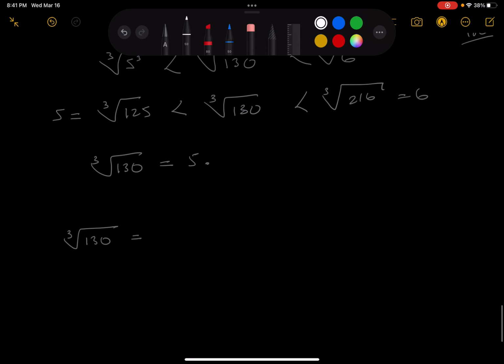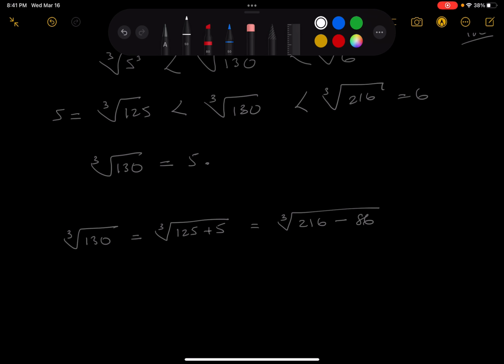You could write it down as the cube root of 125 plus 5. You could do that. And you could also write it down as a cube root of 216 minus, well, let's see. And that would have to be what? So it's going to be 86.